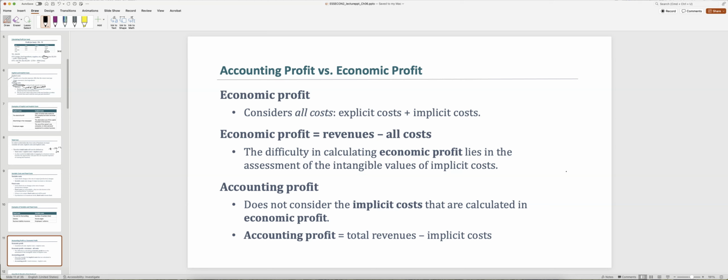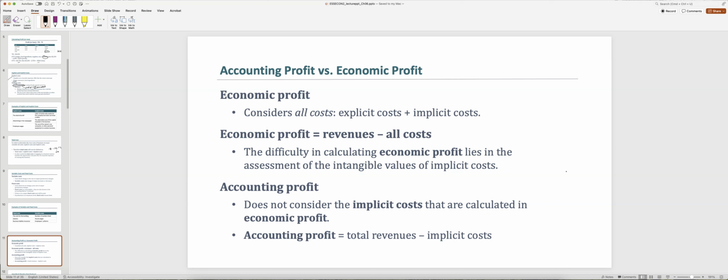Now, once we calculate this profit, we also want to think about what we considered for the costs. If we considered all of the costs, both the explicit and the implicit costs, then we would have calculated what's called the economic profit.